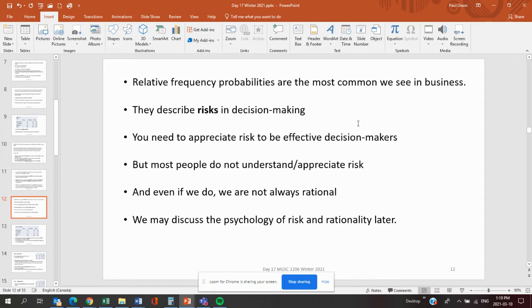No matter how many decisions someone makes, their formal understanding of risk or probability is generally fairly low. Most people don't understand or appreciate risk. And even when they know the risks, the decisions they make are not always rational.